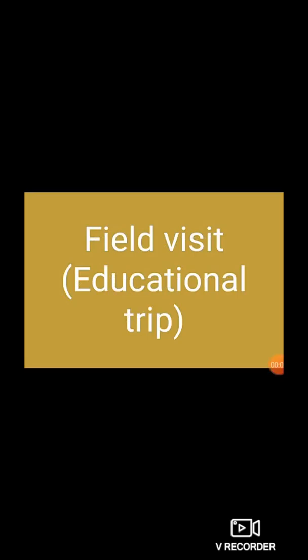Now, how to conduct a field visit? The first thing is that before doing a field visit, you have to prepare a questionnaire, that is, a list of questions. Suppose the field visit is done at places like a post office, bus stand, sea coast, or near any industry; wherever you are going, you have to prepare questions related to that.